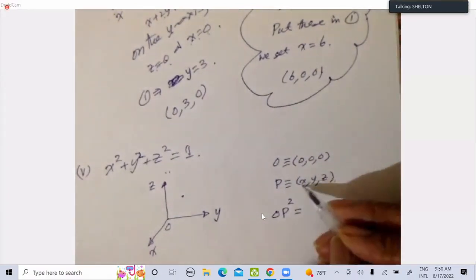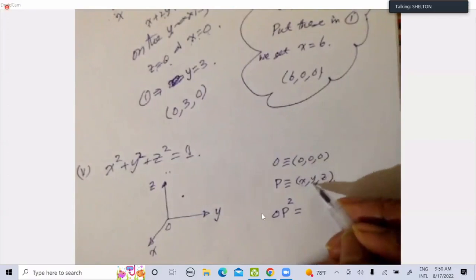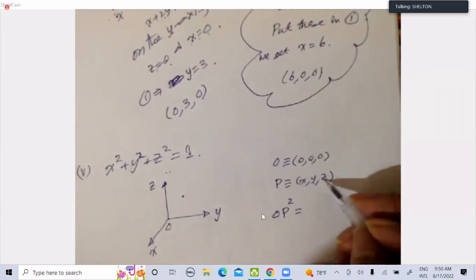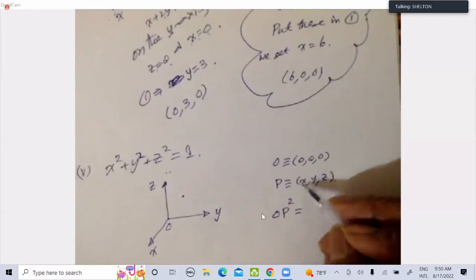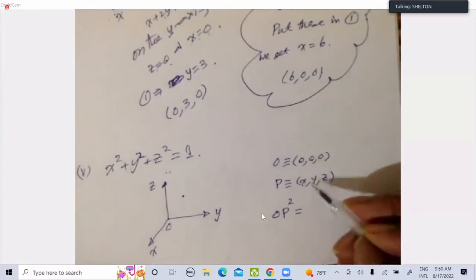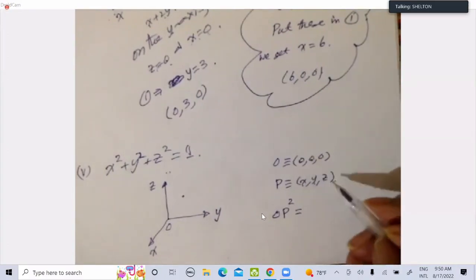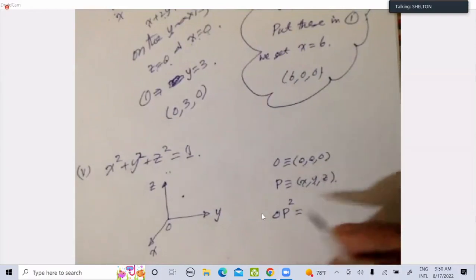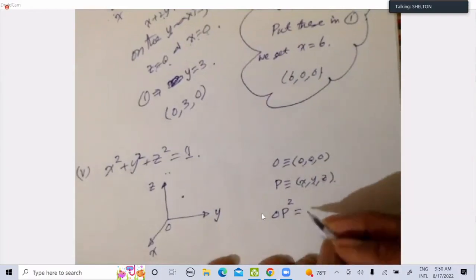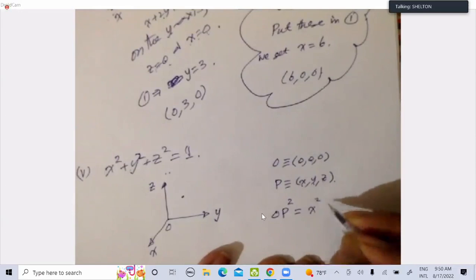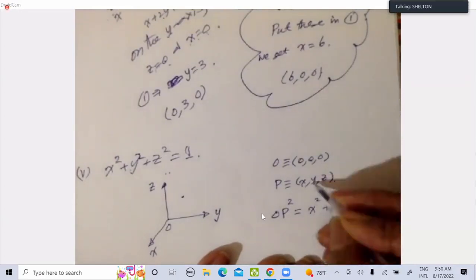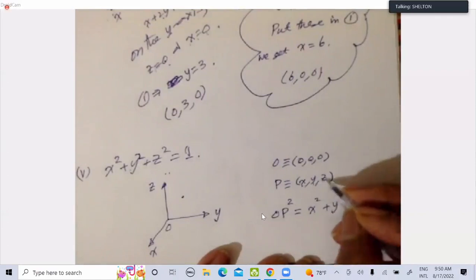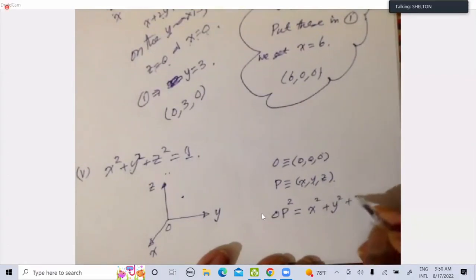The distance squared is x1 minus x2 squared, y1 minus y2 squared, z1 minus z2 squared. Add them up and take the square root. So when you square, you get OP squared equals x minus 0 squared, that is x squared, y minus 0 squared, y squared, z minus 0 squared, z squared.